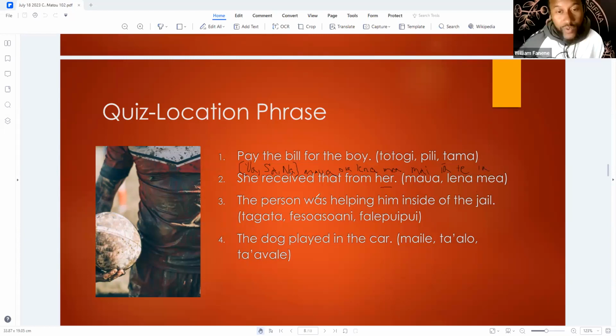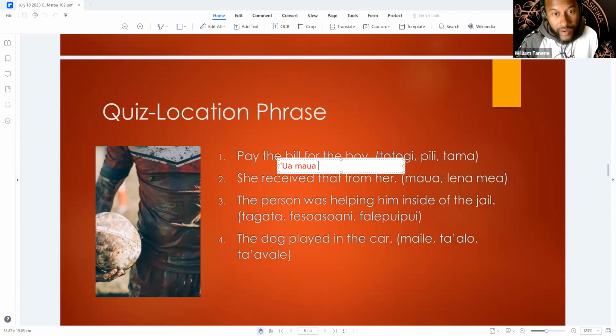And then also, let me erase all of this and then rewrite it. Okay, so we went with uamaua. And then I think someone said oia. Oia lena mea. Okay, lena mea. And then my, and we already established it's going to be maya te ia.